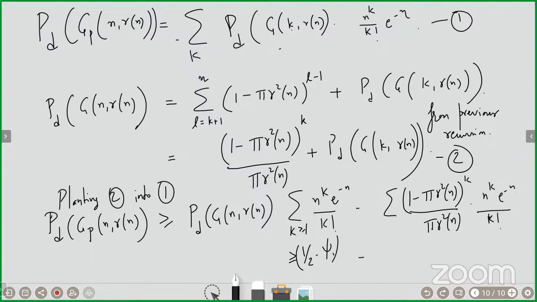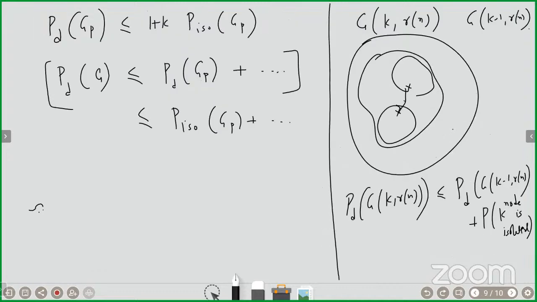So this is 1 by pi r squared times simply n. And this is multiplied. Okay, so what have I essentially achieved? I've connected PD of GP with PD of G multiplied by half, minus a term which is scaling down as this. So am I done?